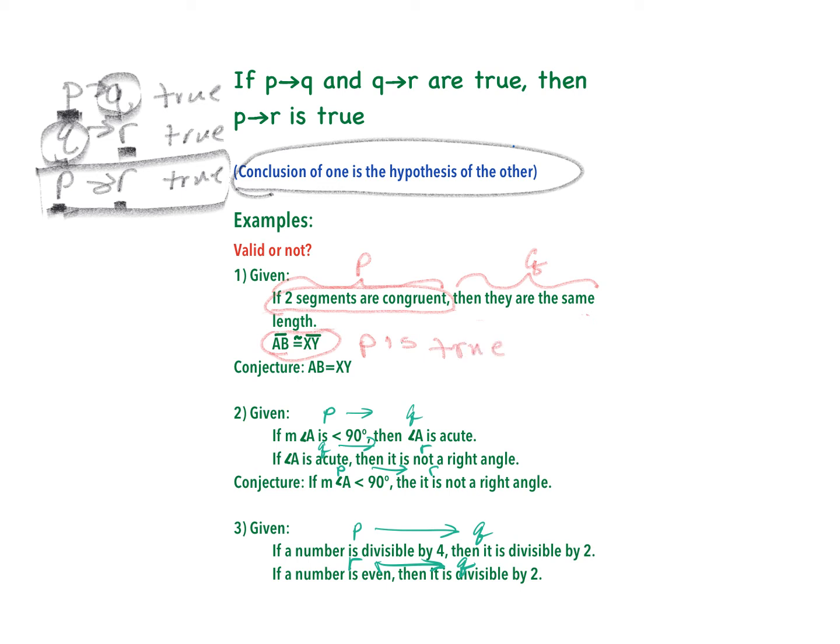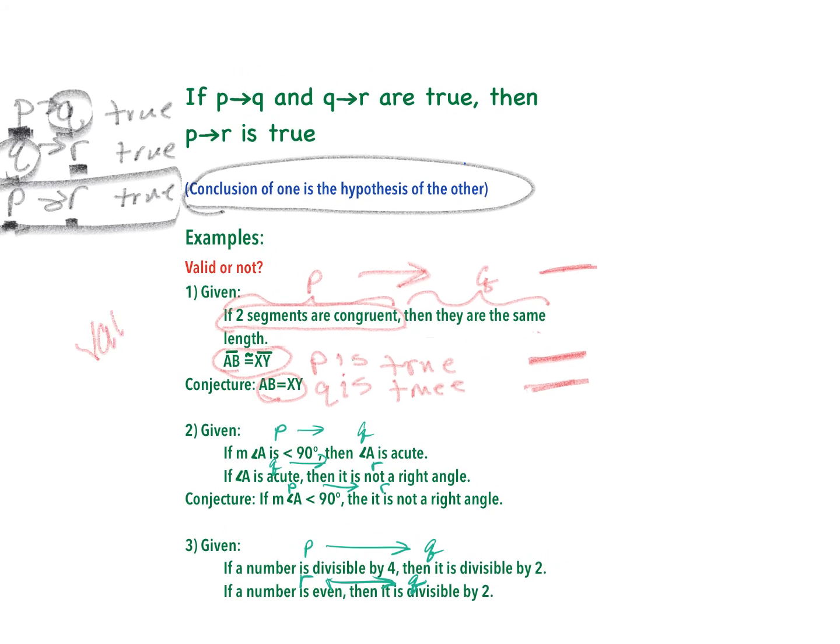And now my final statement is my conjecture, the conclusion that I can draw is that they are equal, which is Q is true. So if you look at how this is set up, P then Q, P is true, Q is true. So this would be valid by the law of detachment.